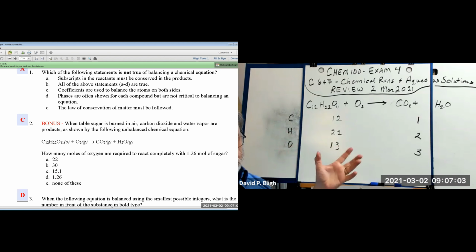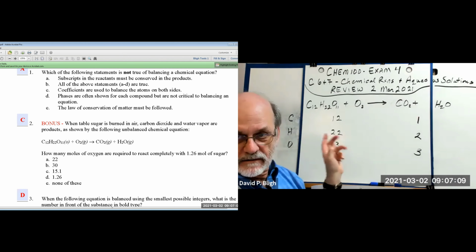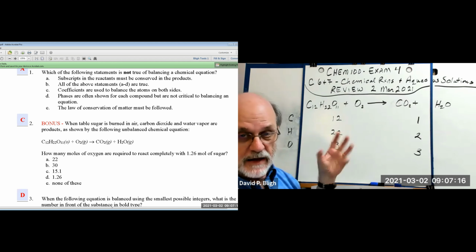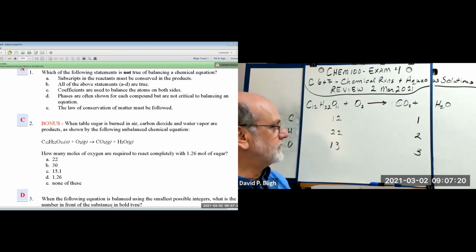Where do we start? Well, the first thing you want to do is hold in reserve any element that is not bound to anything else. A pure element, oxygen. Leave oxygen till last.